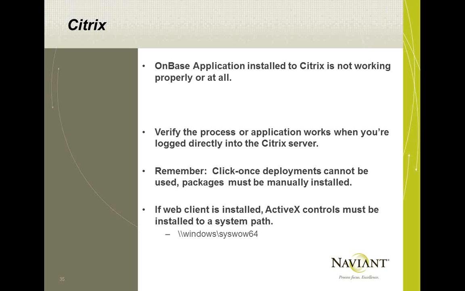When you go to install the ActiveX controls, by default, they are going to want to install them to Program Files, Hyland, ActiveX. And they need to be installed into the SysWOW64 and/or System32 directory in order for users to be able to use them.